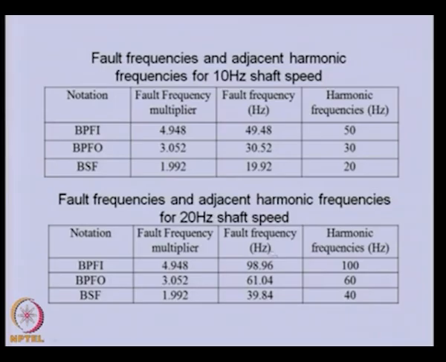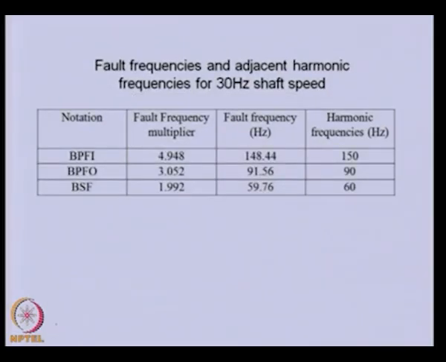Similarly, for 20 hertz we can calculate. So, basically the main purpose of this is to find out where we should look into the signal, these frequencies. These are the closest values corresponding to the calculated frequencies of the faults.